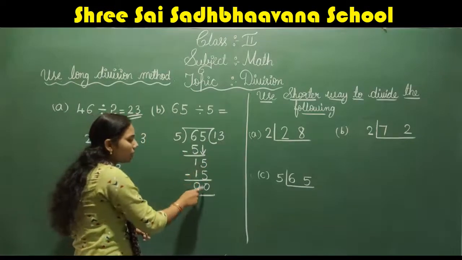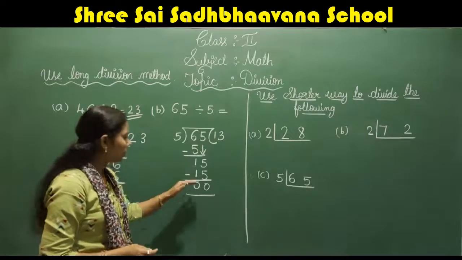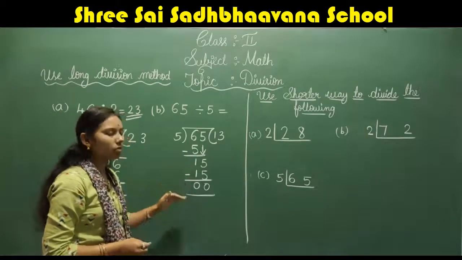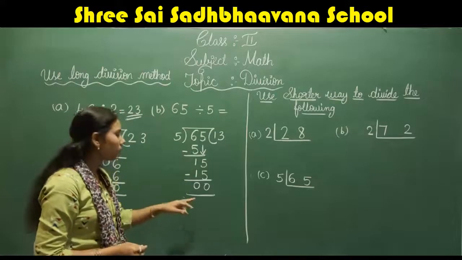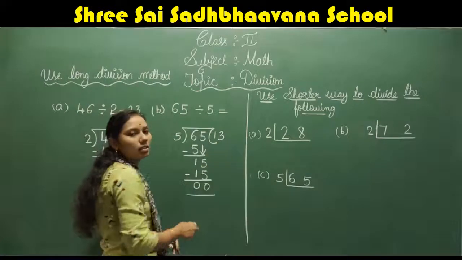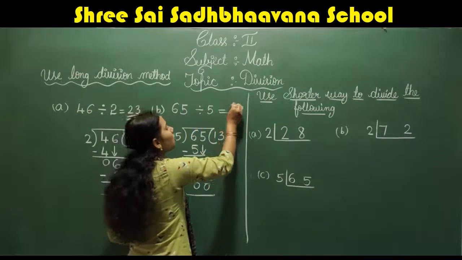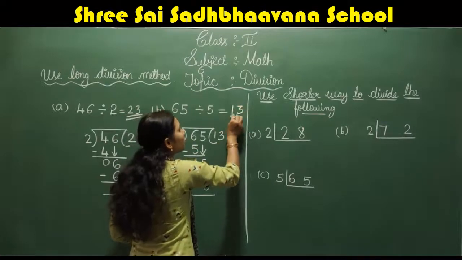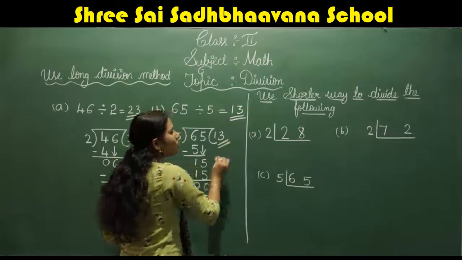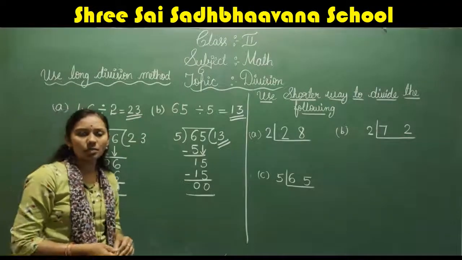So 15 minus 15 is equal to 0. So here the quotient is 13. When you divide 65 by 5, you will get the quotient 13. So this only we are going to find out in this long division method.